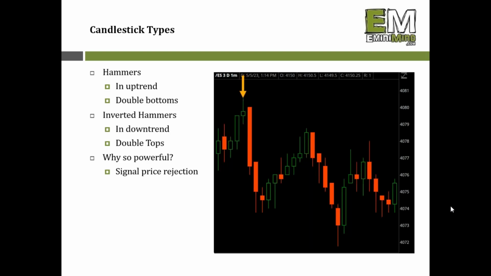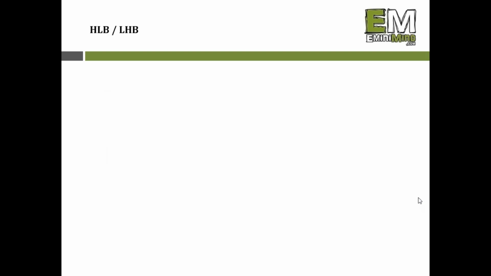So the hammer and the inverted hammer show that price went up to a new high and then it was rejected and fell back down. So coming out of the inverted hammer, you can expect momentum to the downside, and coming out of the hammer, you can expect momentum to the upside.